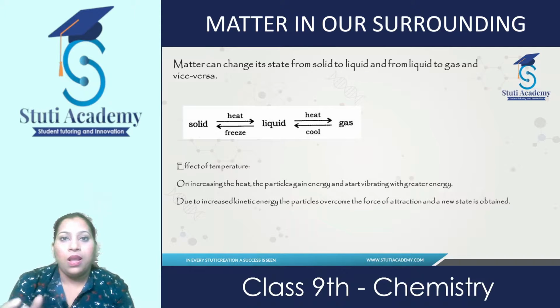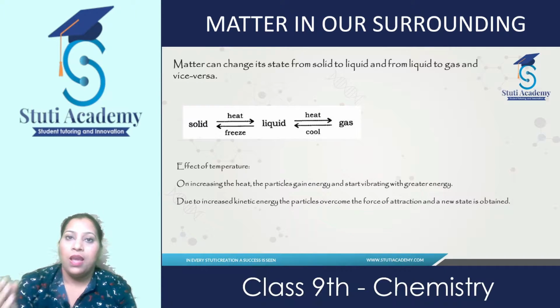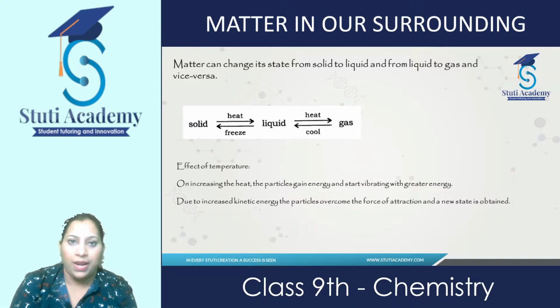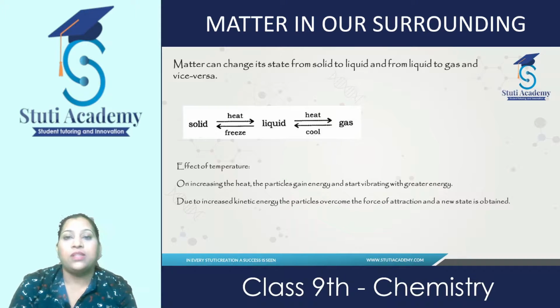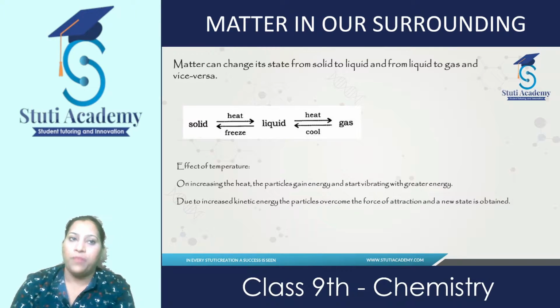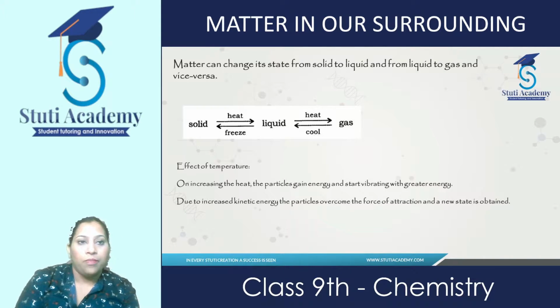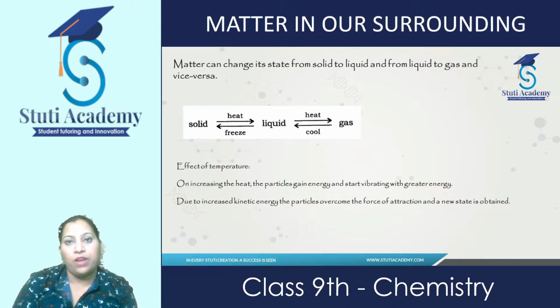Now what will happen if we provide temperature or pressure to matter? There is a change in the state of matter. Matter can change its state, or we call it conversion of states of matter. Matter can change its state from one form to another by applying heat, by providing temperature, or by applying some pressure.